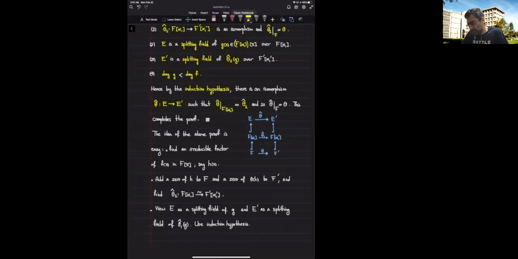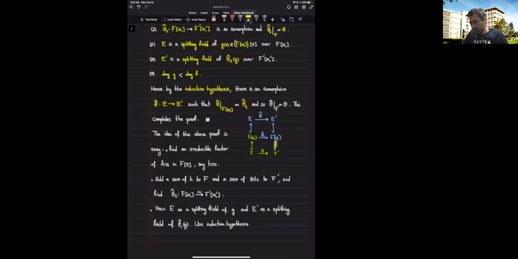So altogether, the whole thing is like this: we start with this isomorphism between F and F prime. We add only one of the zeros of the first one, and then we look at the minimal binomial of this alpha 1, apply theta to that, and take one of the zeros of the image of this minimal binomial, and call that alpha 1 prime.